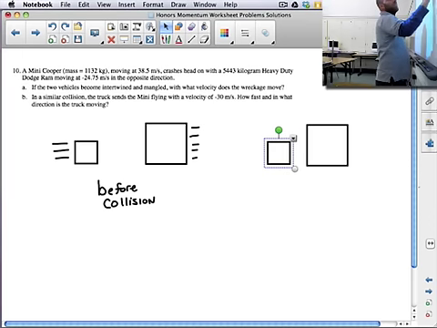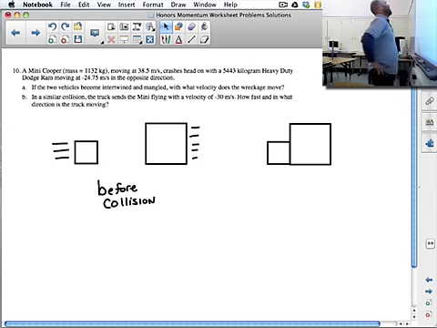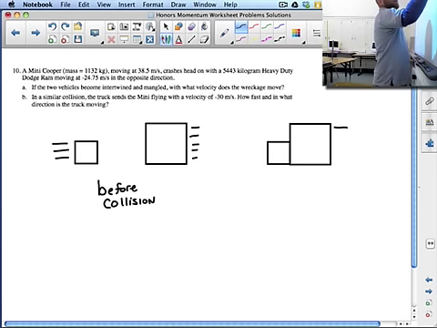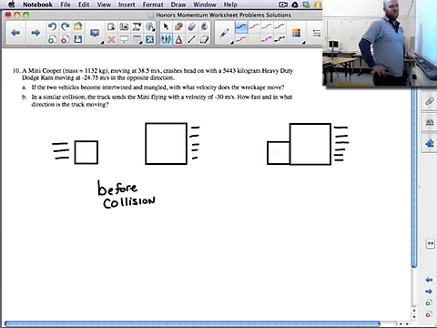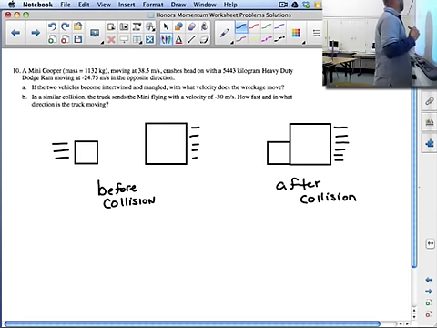And I'm just going to take a wild guess here. I could be wrong. But I'm thinking that the Dodge Ram is going to win and everything's going to move to the left together. This chunk of metal that's all stuck together. So this is after the collision. All right?